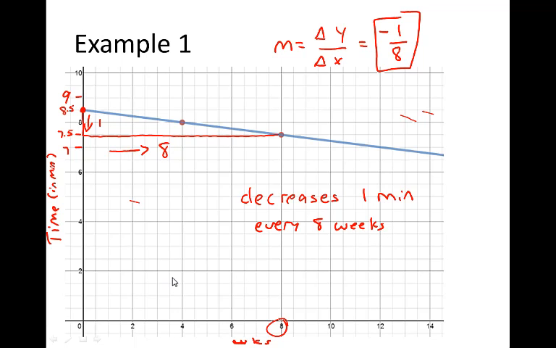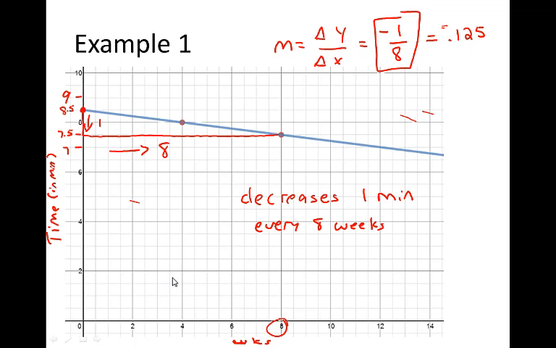Another way, and slopes are often not expressed as fractions, but rather in decimal form. If you wrote 1/8 as a decimal, this would be equal to -0.125. So I could interpret it as I actually drop about -0.125, we're still in minutes, per week. This is over 1 now. We could convert this. What is 0.125 of a minute?